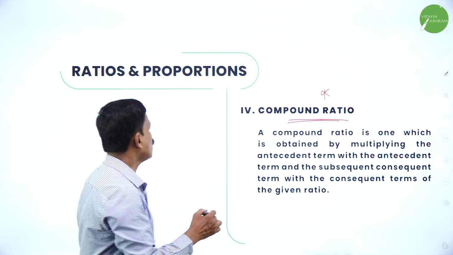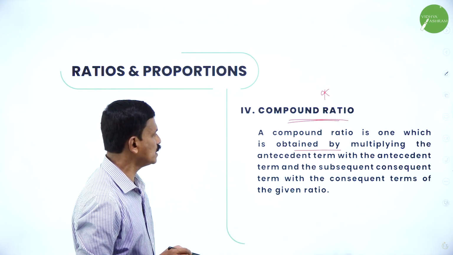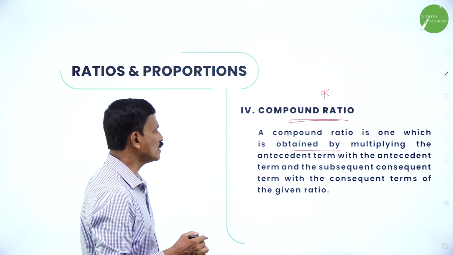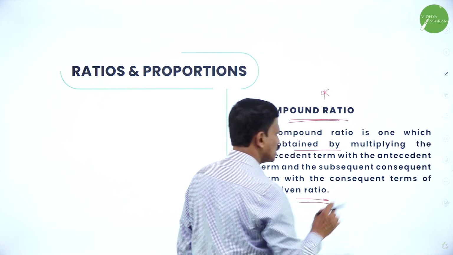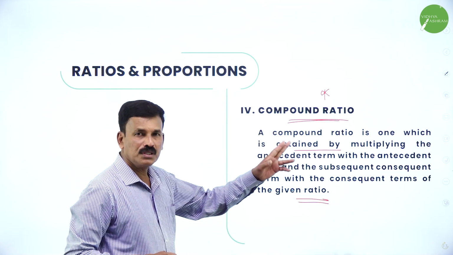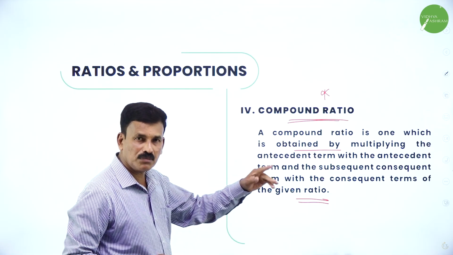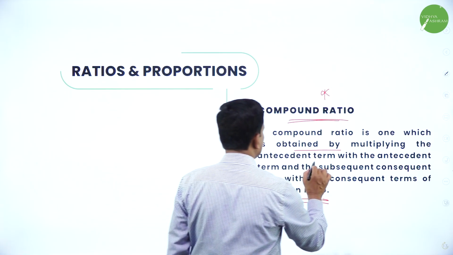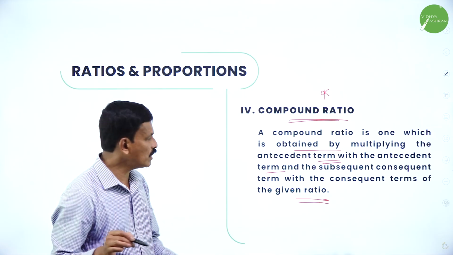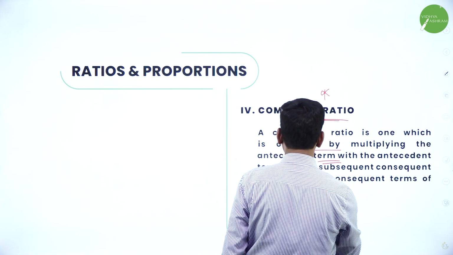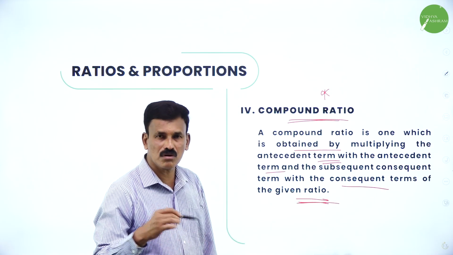A compound ratio is one which is obtained by multiplying the antecedent terms with the antecedent terms and the consequent terms with the consequent terms in the given ratios. The ratio we get is called a compound ratio.